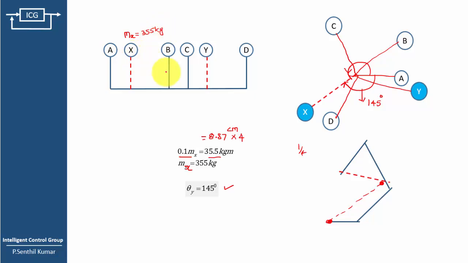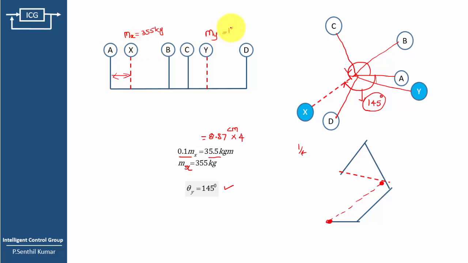Then x is placed around 145 degree from A. The angular distance from A to X is around 145 degree. So this is the answer for balancing mass on X and the corresponding angular displacement. So this is how you have to solve a problem on balancing of rotating mass. The final answer will be the mass on my and mx.